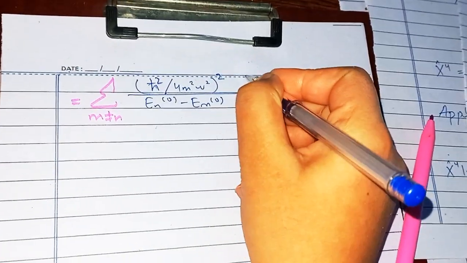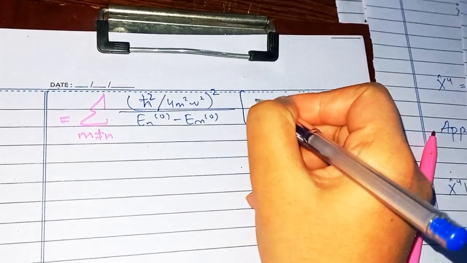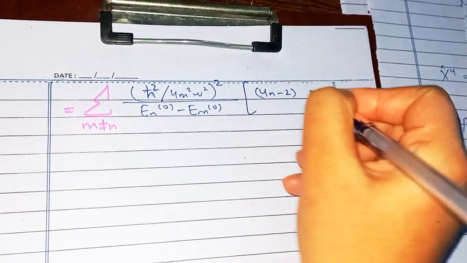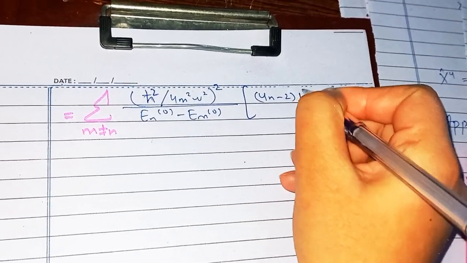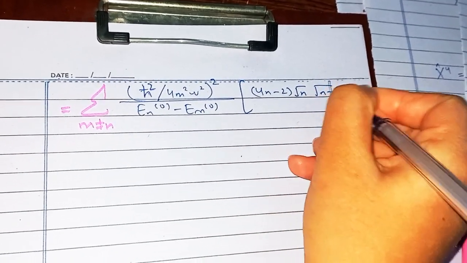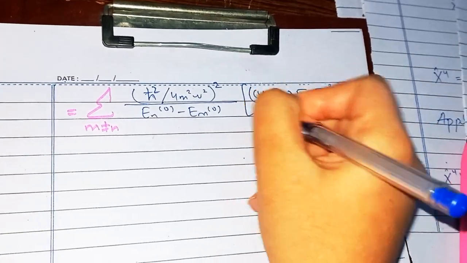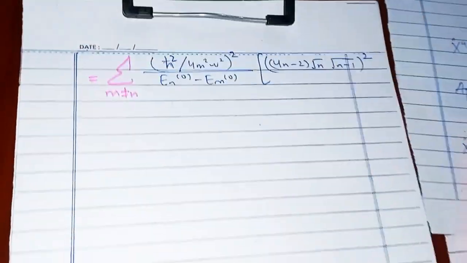Now let's write the terms which are inside of it. It's 4n minus 2 under root n minus 1. I'll write the whole square over it.